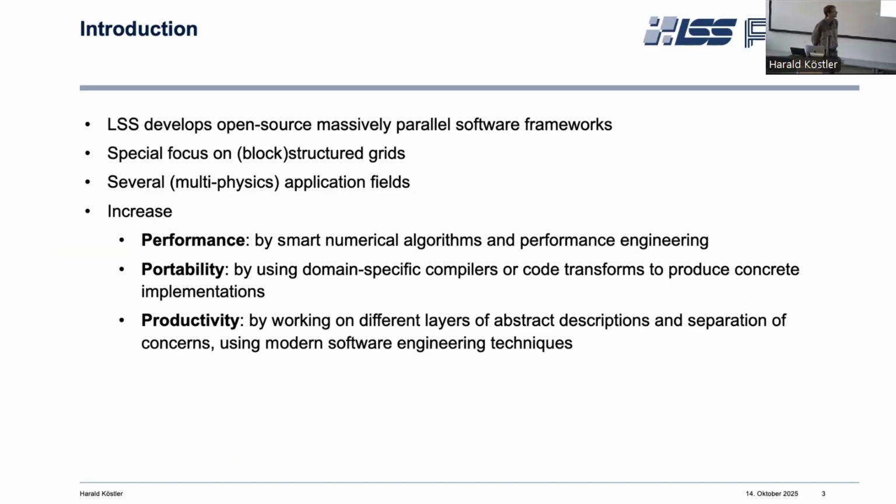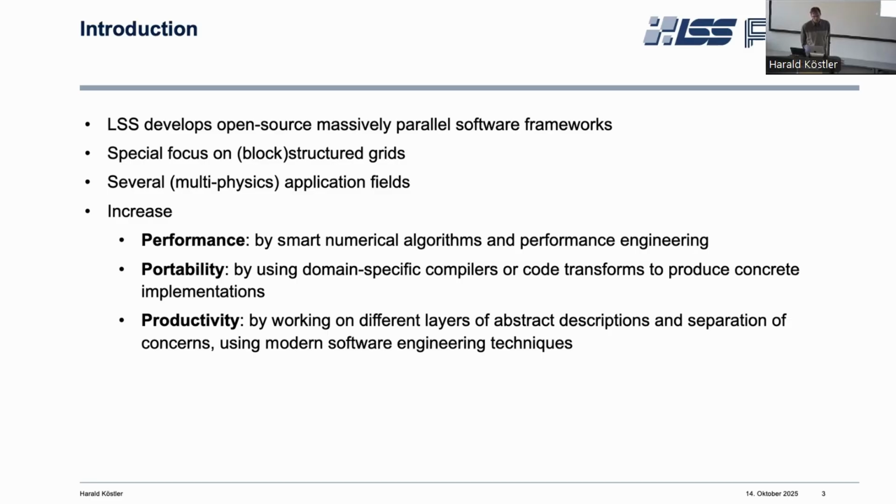So first of all, our main work is the development of software frameworks that typically run on HPC clusters. So that's kind of the frame we are within. So we want to write software for large-scale systems.